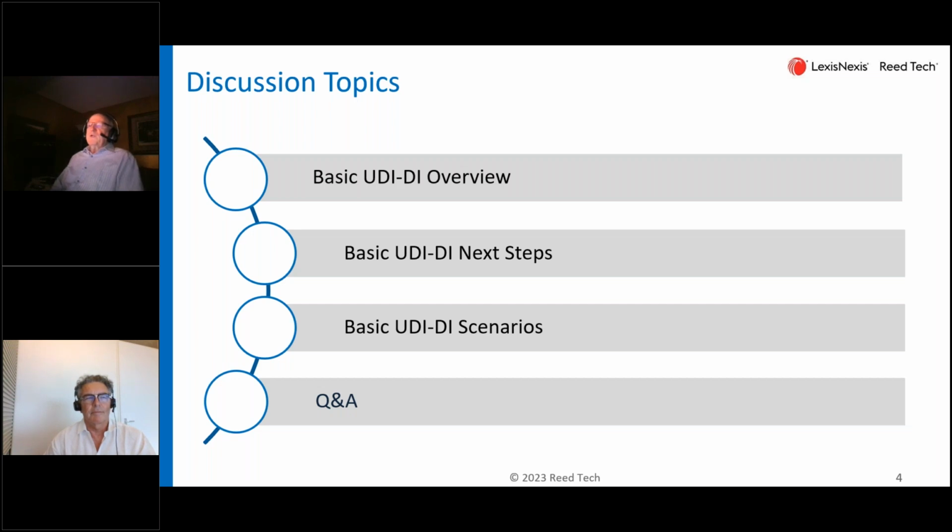And then to help it really sink in, we've put together some scenarios. And these scenarios are pretty common. You might be able to relate to them. If not, maybe it's close to your particular portfolio. But these scenarios help you understand the actual implementation of Basic UDI and some of the grouping activities, what you can group, what you cannot group.